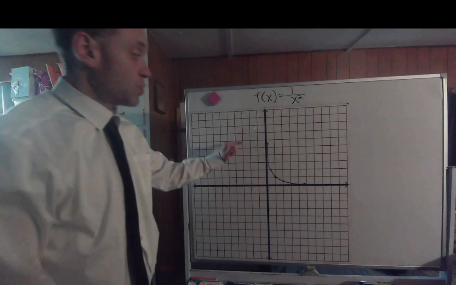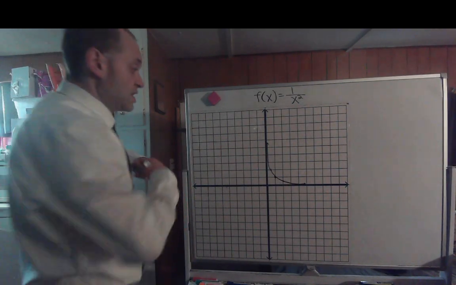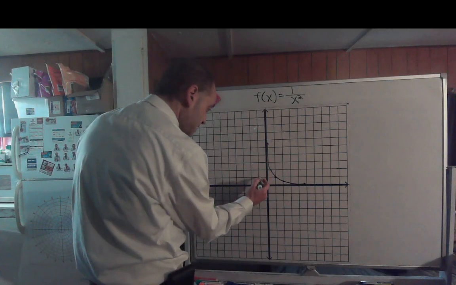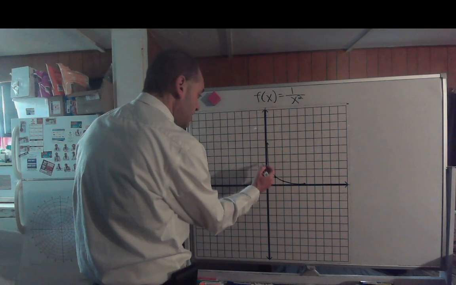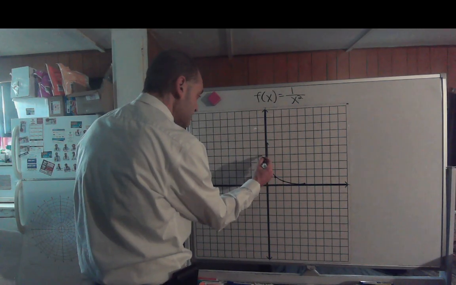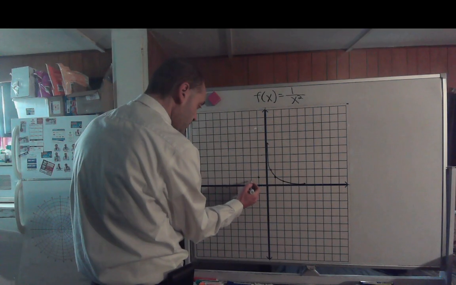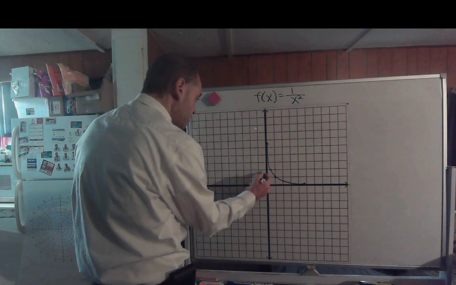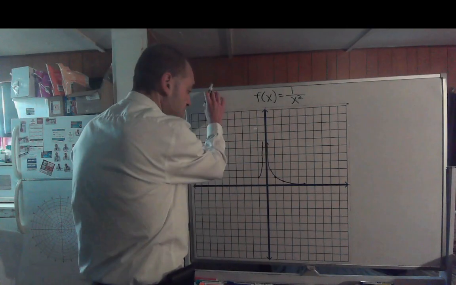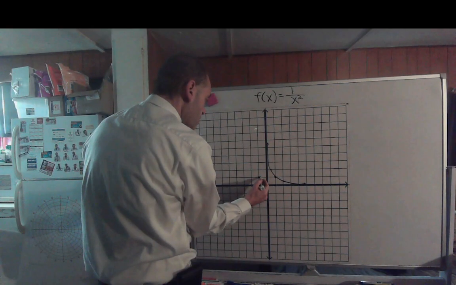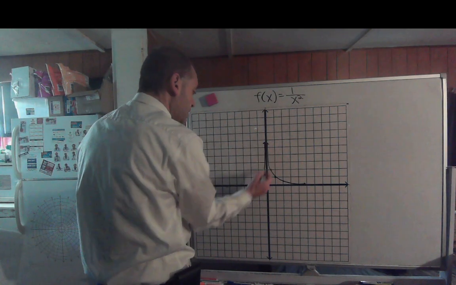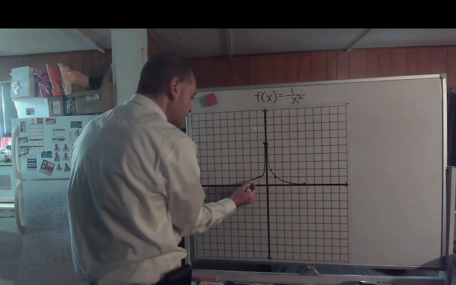Well, since you're squaring your x values, the closer you get to x equals 0, the more positive it's going to get. So basically your graph is going to start to look something like this for f of x equals 1 over x squared. It'll look a lot like that.